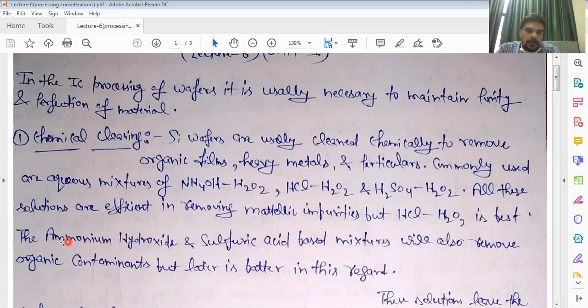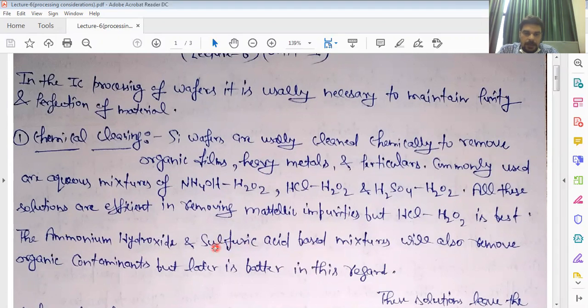Now, if we use ammonium hydroxide and hydrogen peroxide based mixture and sulfuric acid based mixtures, these will also remove organic contaminants.